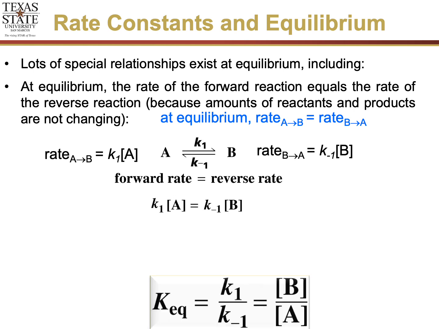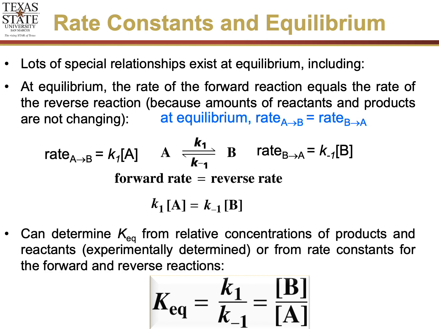And therefore our equilibrium constant is equal to the rate of the forward reaction over the rate of the backwards reaction, or the concentration of the product over the concentration of the starting material. Okay, and so this is typically determined experimentally, and we can also do it by knowing the rate constants of the forward and reverse reaction. We can actually predict what the final concentration of A and B will be.